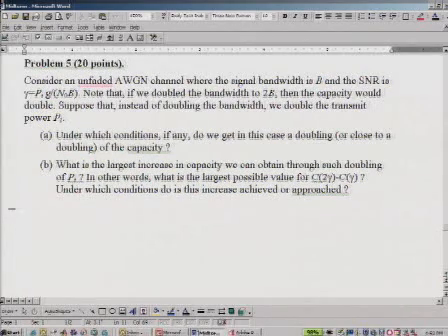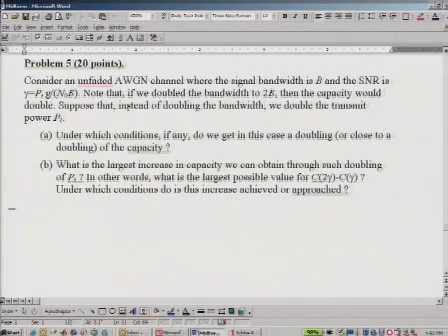Now, suppose that we don't have the luxury of doubling bandwidth, because bandwidth is very expensive. That is a fact. So power is cheaper. So let's say we just want to double the power. Well, that doesn't pay off so much because we have a logarithm in the middle. Logarithms scale worse than linear, so we don't get as much return for doubling the power.